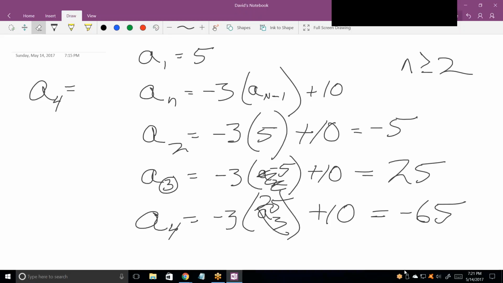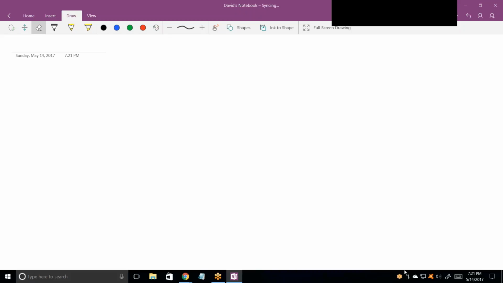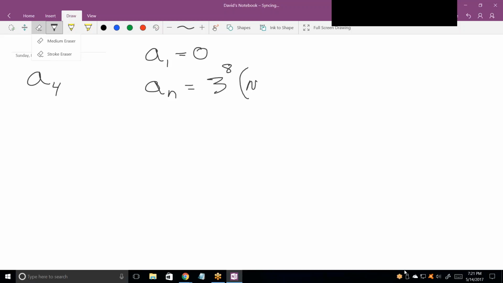Okay, what else? The next one wants us to again find the fourth term. a sub 1 equals 0, and then a sub n equals 3 to the a sub n minus 1 power.